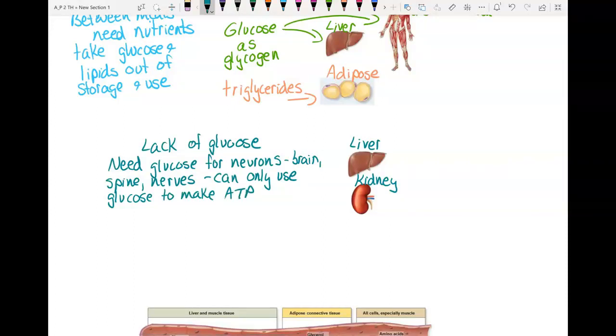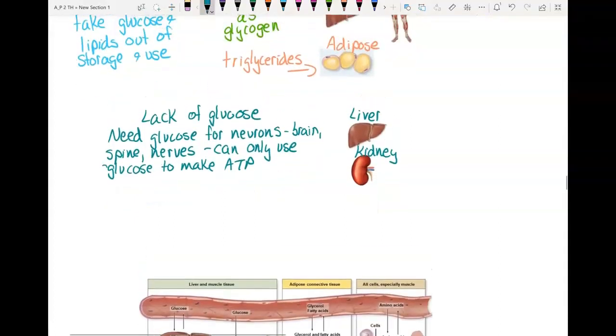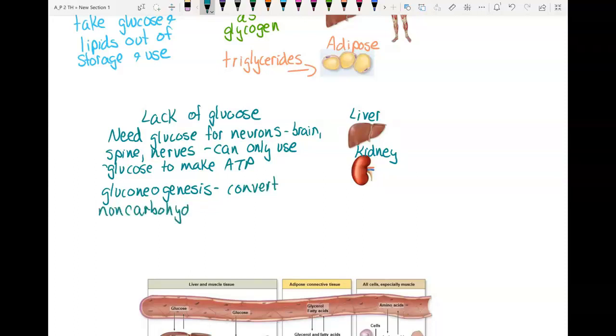So you have to somehow get some glucose into your blood if you're not eating carbohydrates. Your liver and kidney can do a process called gluconeogenesis. This is where they can convert non-carbohydrate molecules to glucose, such as amino acids.